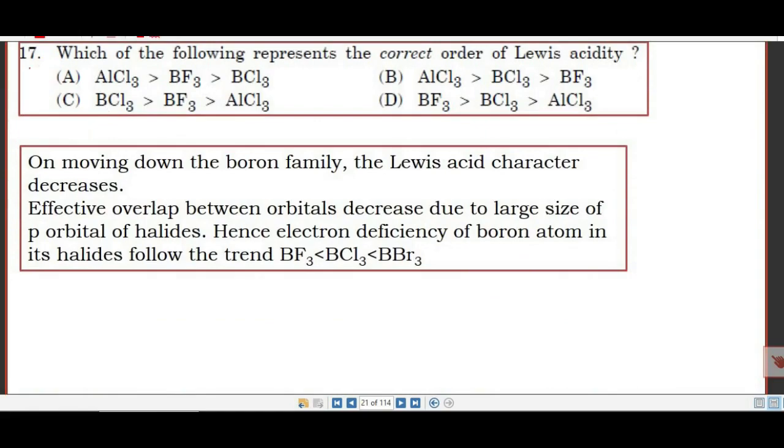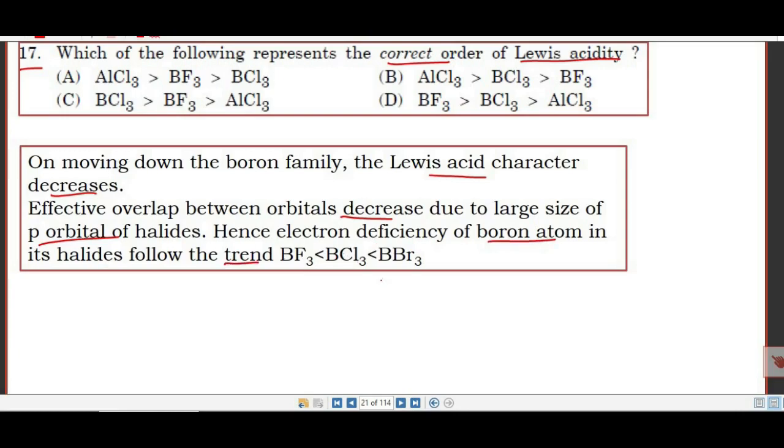Question number 17. Which of the following represents the correct order of Lewis acidity? On moving down the boron family, the Lewis acid character decreases on moving down the group. Effective overlap between the orbitals decreases due to the larger size of the p orbital of halides. Hence, electron deficiency of boron atom in its halides follows the trend.